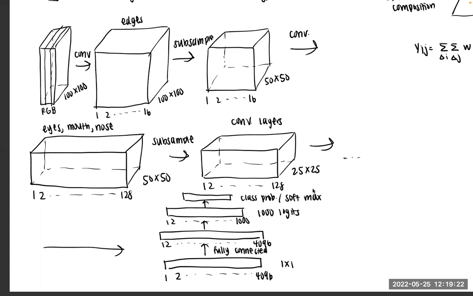Y is one-hot. Suppose you have 1,000 categories. So y is a one-hot vector of 1,000 dimensions, and p is a vector of 1,000 dimensional probabilities. So the probabilities of these 1,000 categories sum to 1. So the difference is error. And then you do error backpropagation.